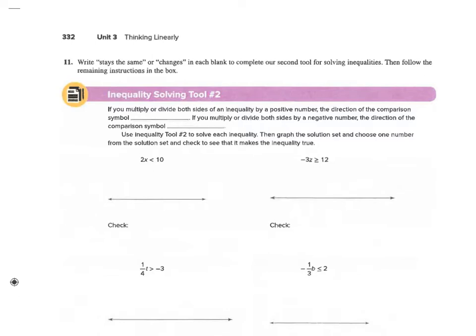If you multiply or divide both sides of an inequality by a positive number, the direction of the comparison symbol, looks like we should say, stays the same. If you multiply or divide both sides by a negative number, the direction of the comparison symbol changes.